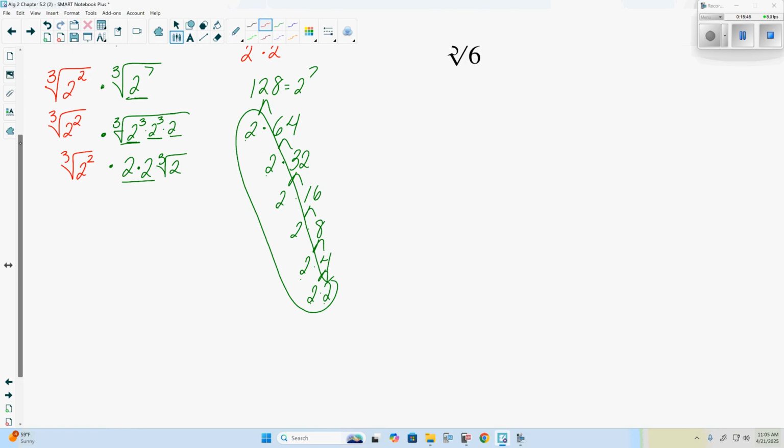But since it's 7, there's not a full group that simplifies out, so we're left with 1 inside. Now we can multiply. Well, our numbers outside, 2 times 2, is going to give us 4.